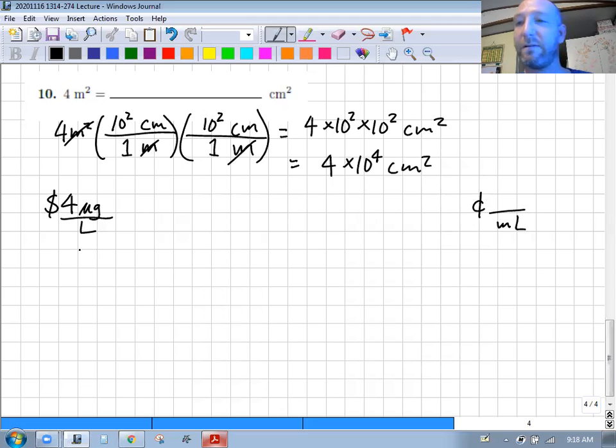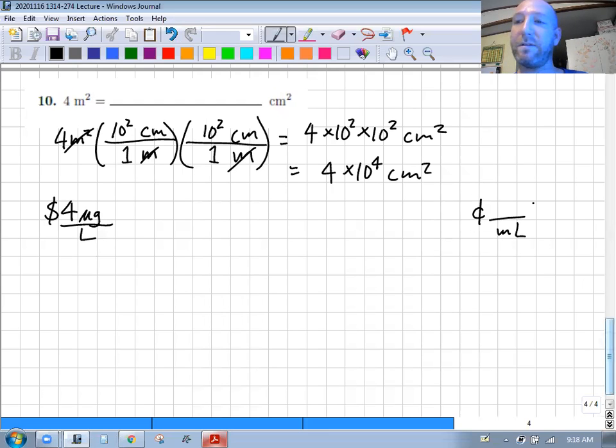Money, weight, volume. Let's see, let's do megagrams. How would we do this?